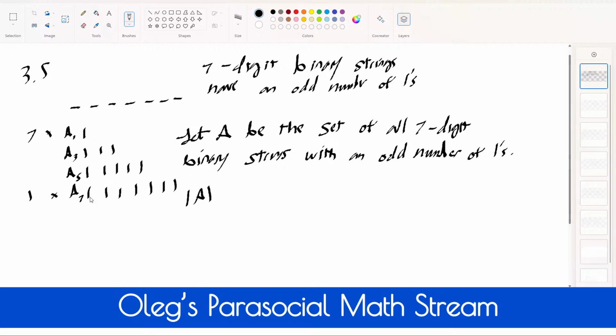Okay? So the cardinality of A is equal to the cardinality of A sub 1 plus the cardinality of A sub 3 plus the cardinality of A sub 5 plus the cardinality of A sub 7, with the word cardinality, of course, being size, but we should all know that by now. All right. Now we must figure out the individual terms of the sum.